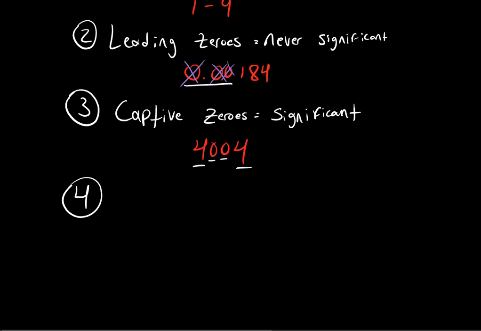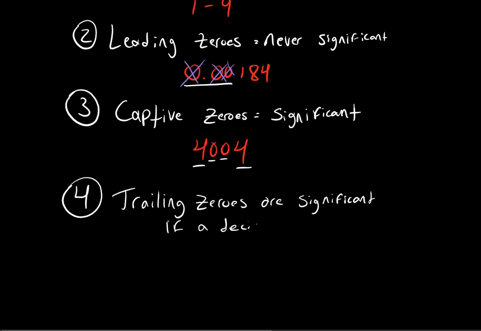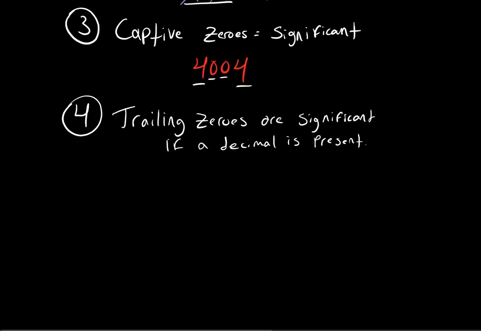Lastly, number 4. Number 4 is trailing zeros are significant if a decimal is present. All right, and to show the difference, I'll give you 300 versus 300 with a decimal.